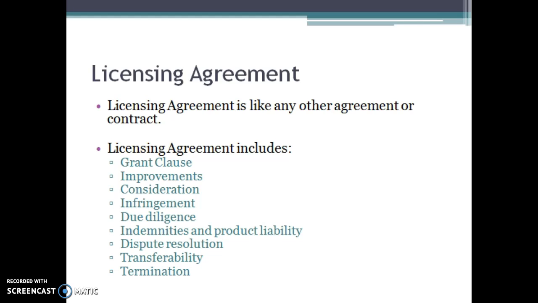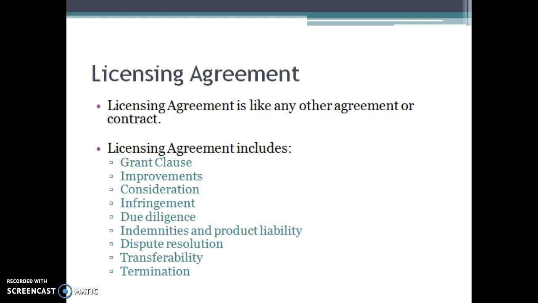And basically what it's there for, it's there to specify what is happening in the exchange, as well as it's there to protect the licensor and the licensee. So it's there to protect the ownership that you have over your intellectual property.